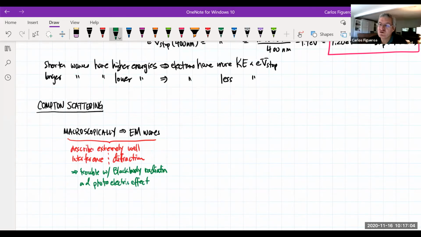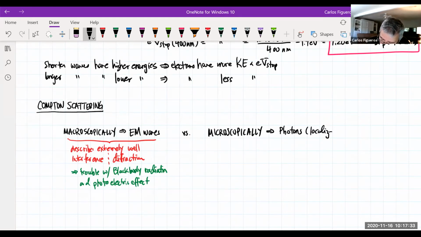Okay, it had trouble with it. Now, when you start to look at this thing microscopically, and in this world, it's Einstein that really comes up with the so-called photons. And what we know about photons, of course, is that it's what?